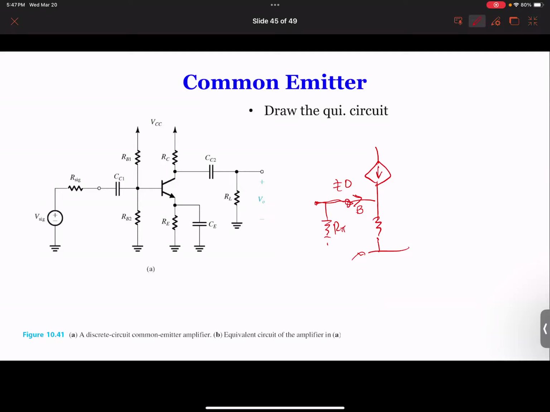So if you do it here, which means this is beta times IB, so this is IB, and this is 1 plus beta times IB. So now you can draw the rest of the circuit. So now you can draw the circuit. Yeah, so there's another one.